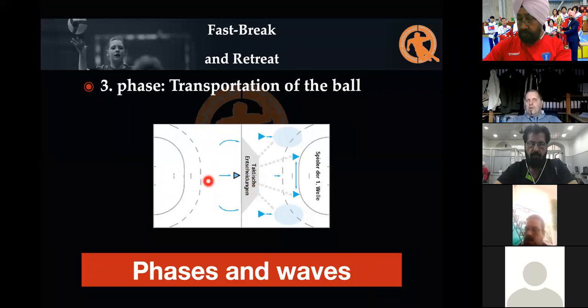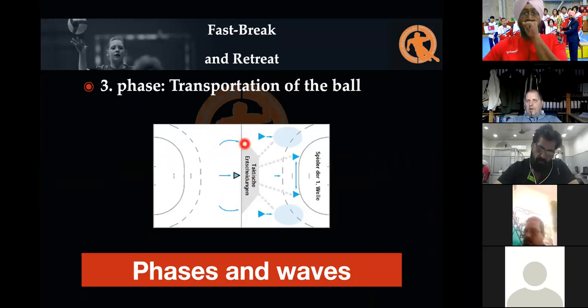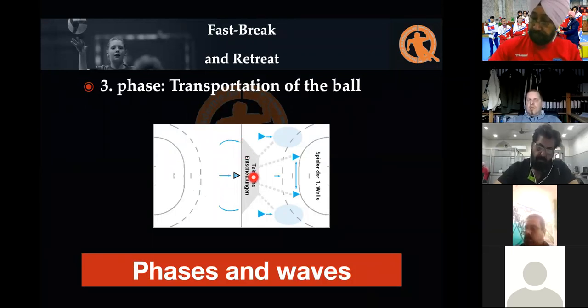So when you go straight, the ball is already here, no problem. But when you come around, like shown in that arrow here, after crossing the center line, the ball should be in the center lane. Because from here, you can pass to the left lane, you can pass to the right lane, you can break through directly. So you have all options from that position.